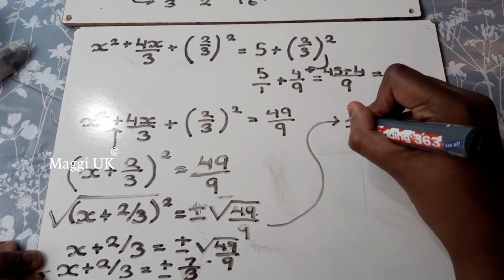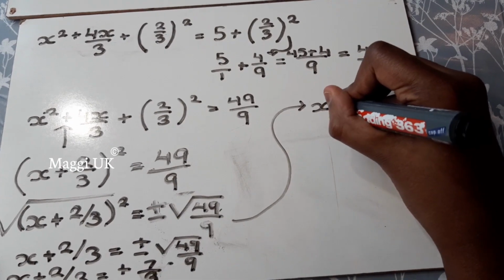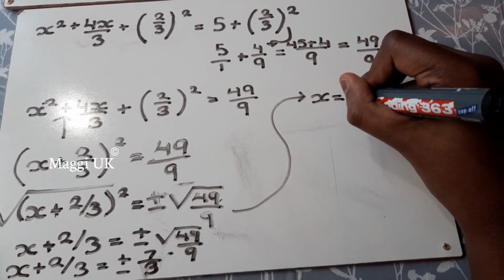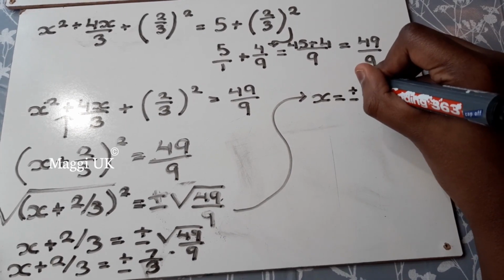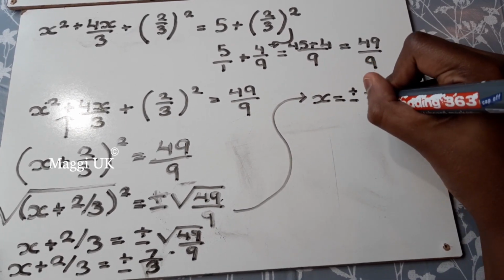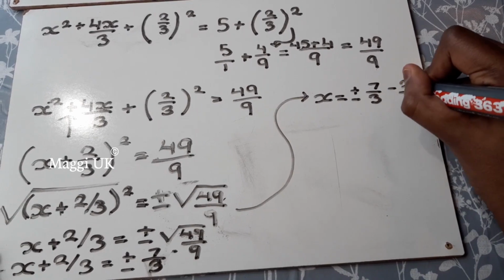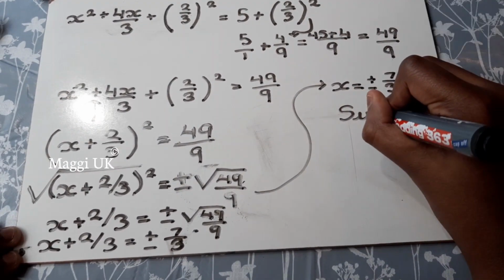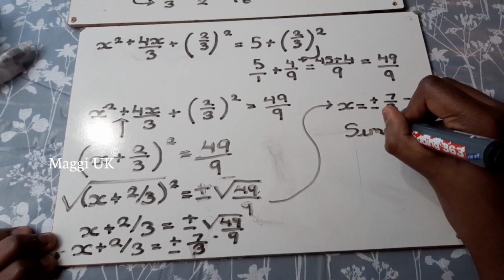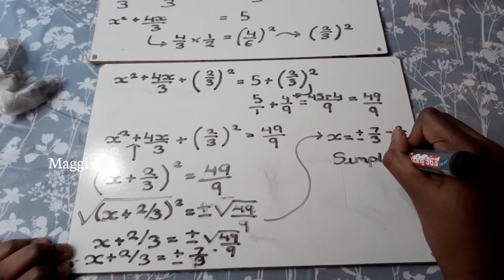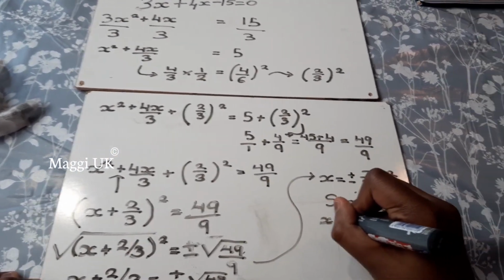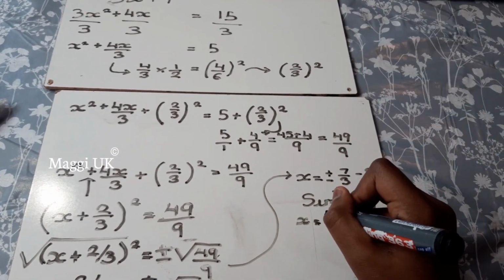So now he's going to bring, because we are going to find the value of x now. So he's done. The positive plus 2 over 3 is coming to the other side, will be minus 2 over 3. And now he's going to have the two values. So he's going to split the x, one is positive, another one is negative.